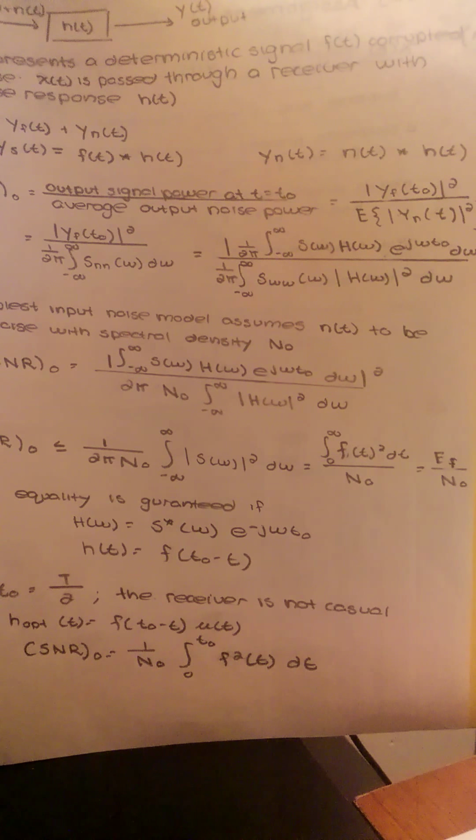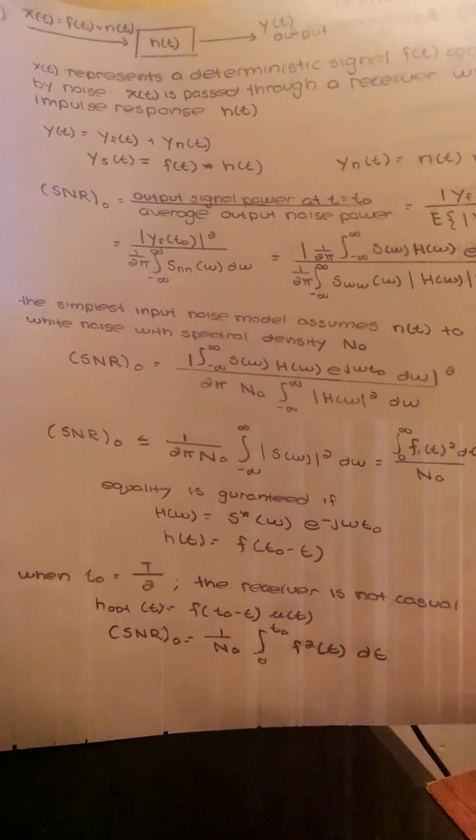One of the things we need to know is that the simplest input noise model assumes n of t to be white noise with spectral density N0, and in our case we have a unit spectral density, so N0 equals 1.